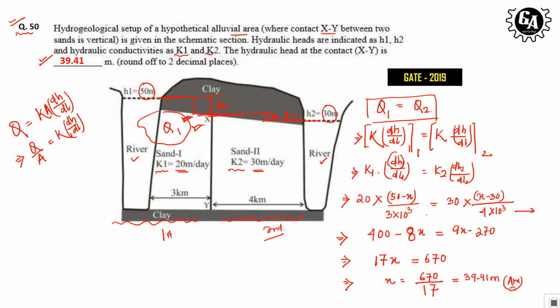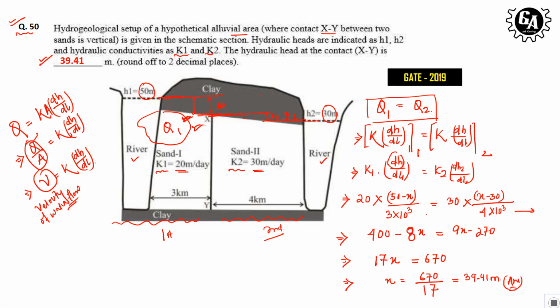This Q by A is the velocity of your flow, V is equal to K dh by dl. Or you can simply say water volume per area, this is the velocity of water flow. This is not volume or flow velocity.